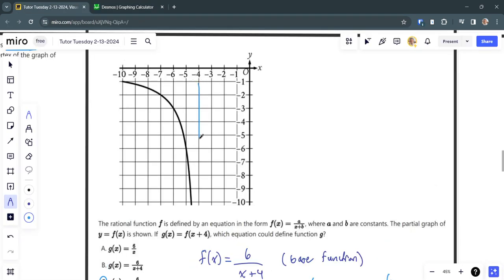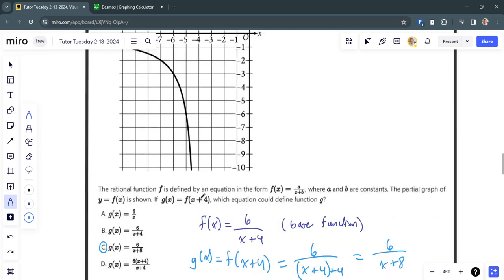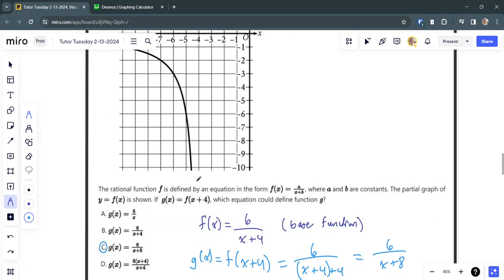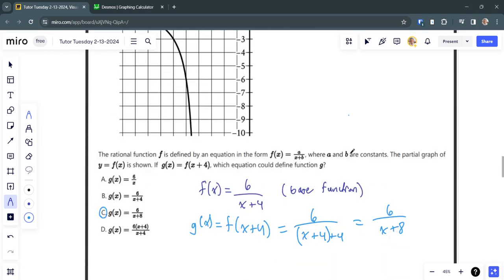You can see here, it sort of looks like it's becoming asymptotic when x is equal to negative 4. So the new graph would be shifted more in this direction. So yeah, let's go with answer choice C for this one.